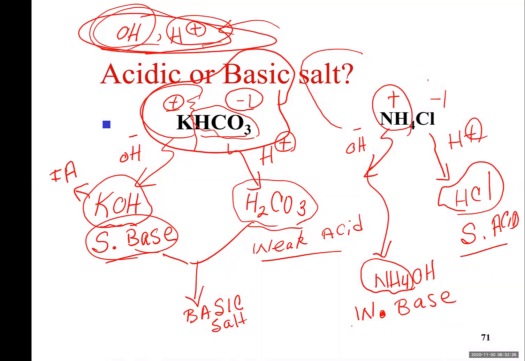So between the strong and weak, which one is going to take over? The stronger partner. So this baby is going to look like a stronger parent, is going to be acidic. So this is an acidic salt.